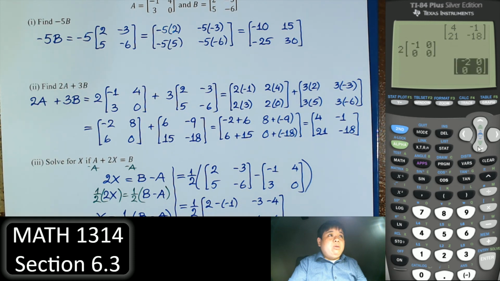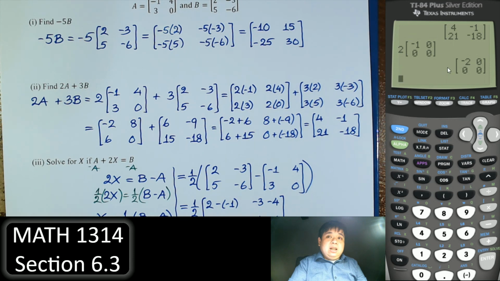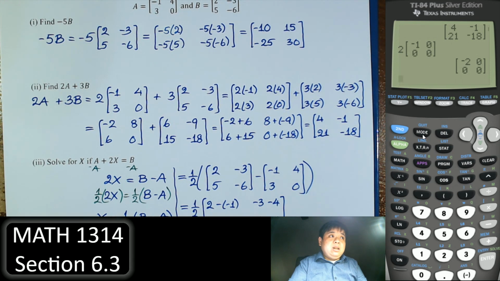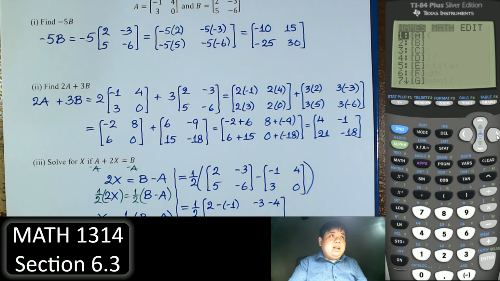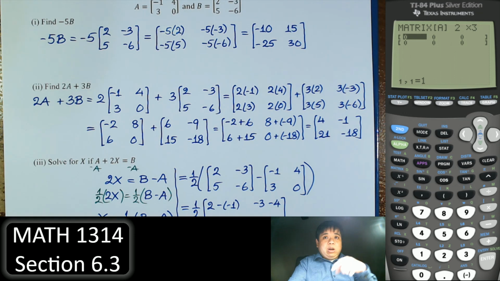So use the arrow when you enter the numbers in the home screen. But if it is under edit, we don't use the arrow, use the enter. If you want to go to the next cell, hitting the arrow is not going to work. You have to hit enter to go to the next one.